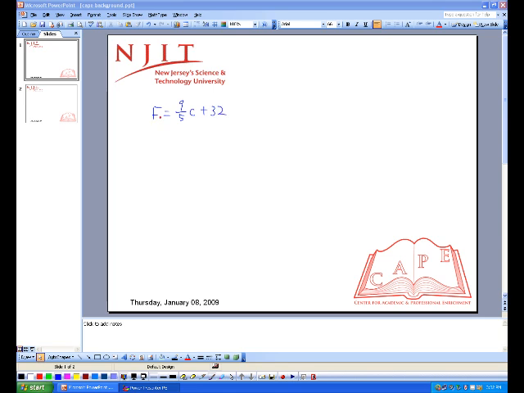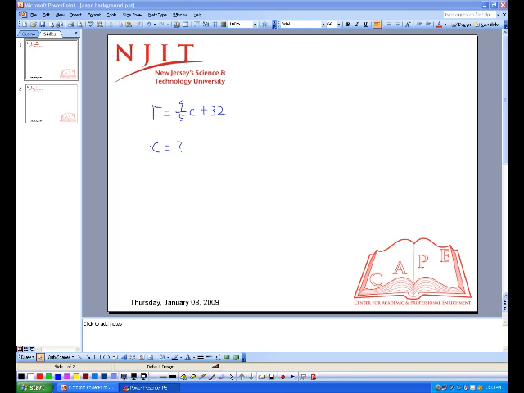Fahrenheit is equal to some mathematical expression related to Celsius. But people also like to know the form of the equation if C is equal to something. So this would be solving explicitly for C.